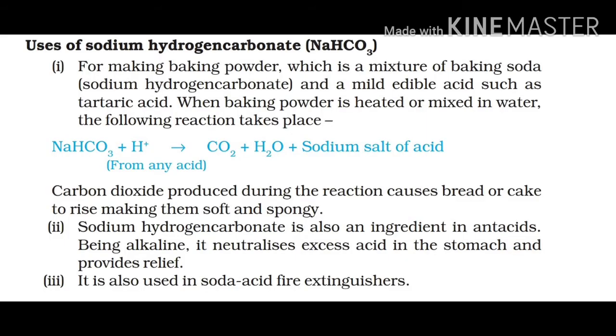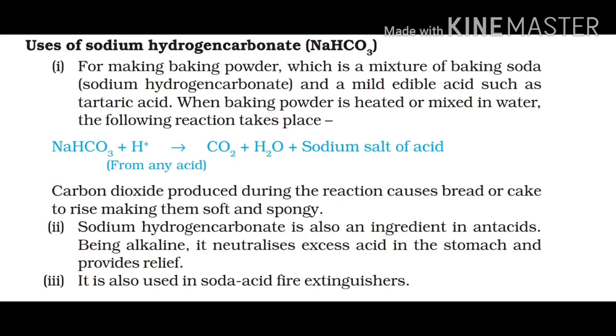Uses of sodium hydrogen carbonate or baking soda. It is used for making baking powder, which is a mixture of baking soda, that is sodium hydrogen carbonate, and a mild edible acid such as tartaric acid. When baking powder is heated or mixed in water, the following reaction takes place.